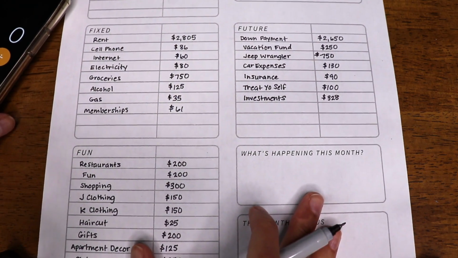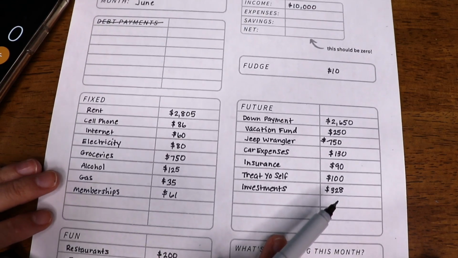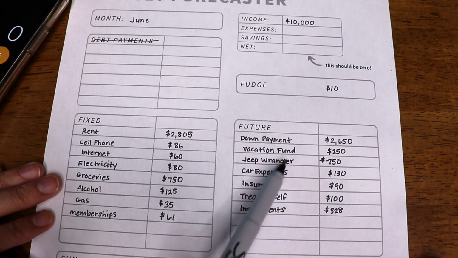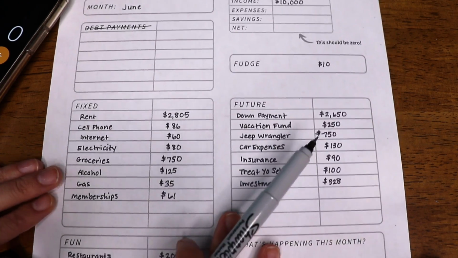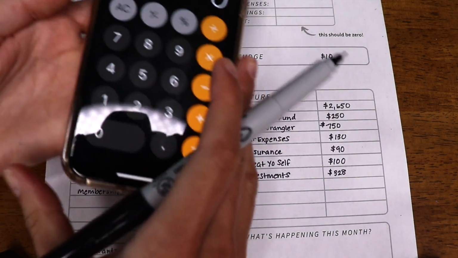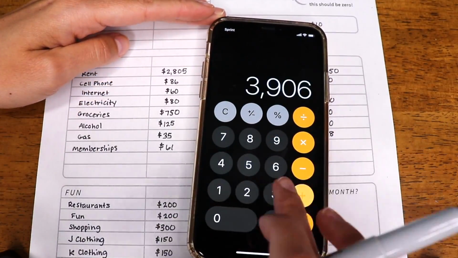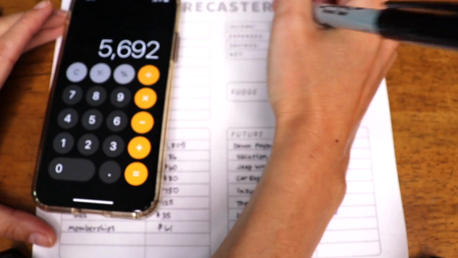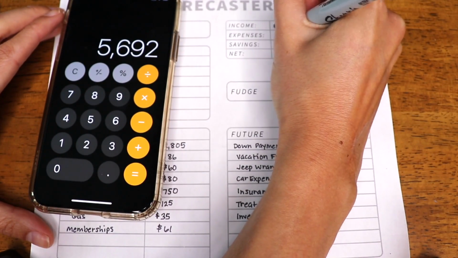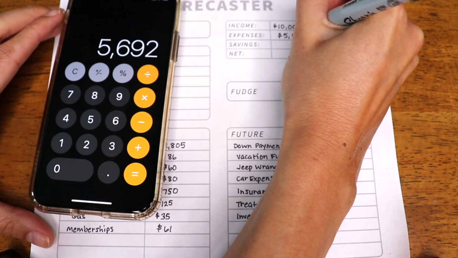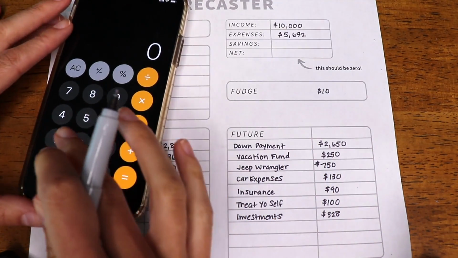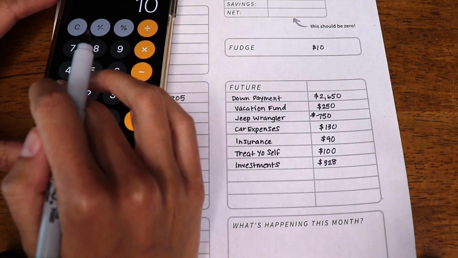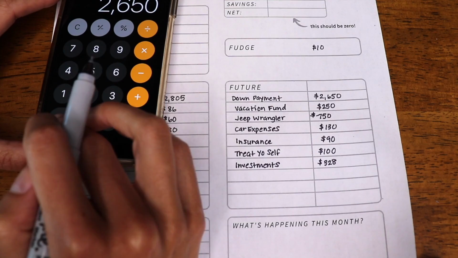So let's take a look at adding up all of our expenses and then our savings, which comes from the future section, and then see what the net is. So let's go ahead and add up all of that. So our expenses comes out to be $5,692, and then we'll go ahead and add Fudge and the rest of our future into the savings amount, $2,650.